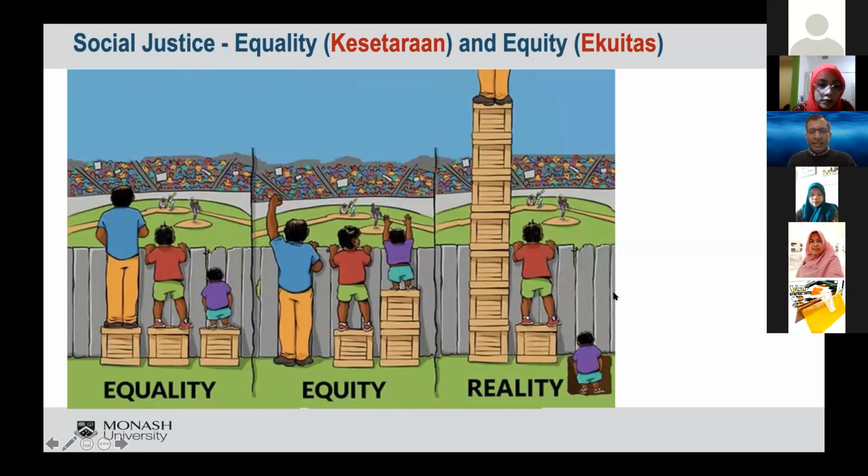What about reality? So this is what happens in reality. People who don't need something, we give them the most, even as English teachers in the classroom. People who need it the most, we bury them, we give them the least, okay? So social justice is the notion of giving people based on their needs, not based on our perceptions of everyone having the same needs.